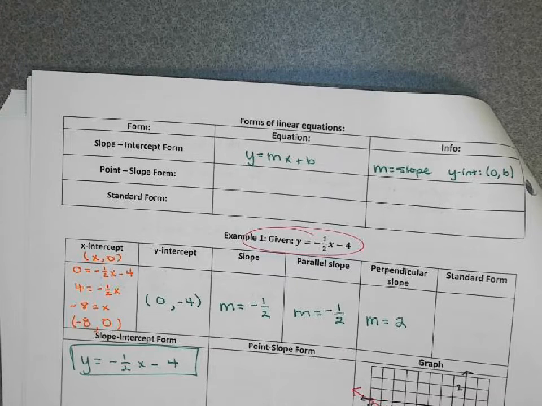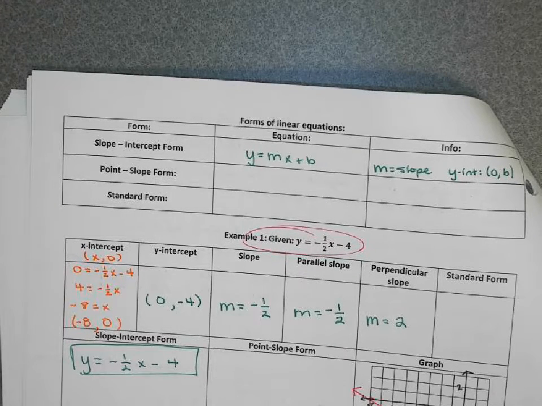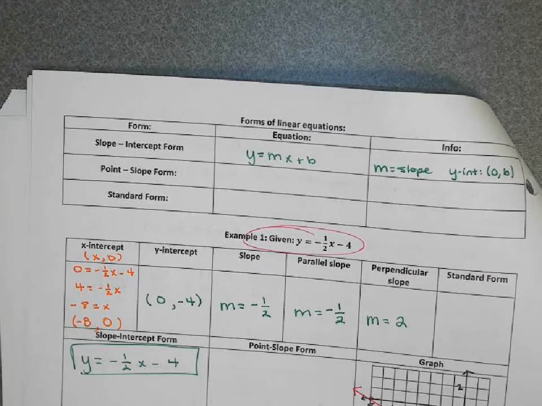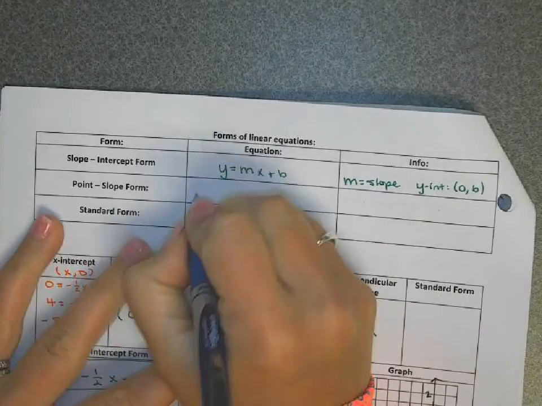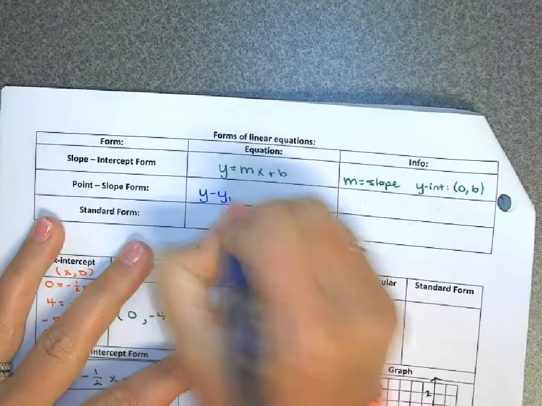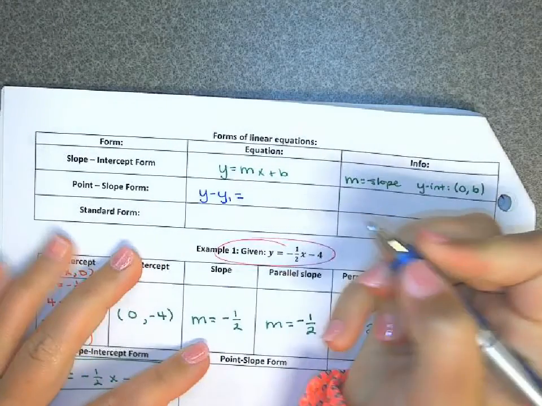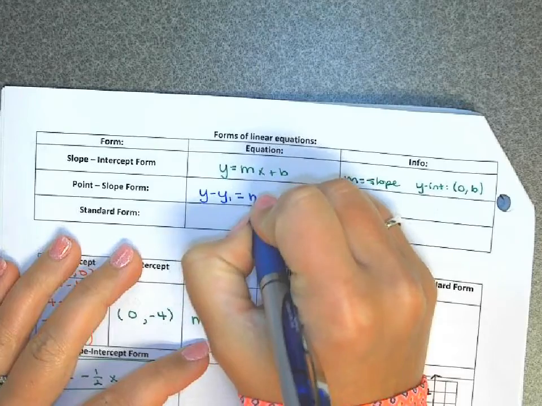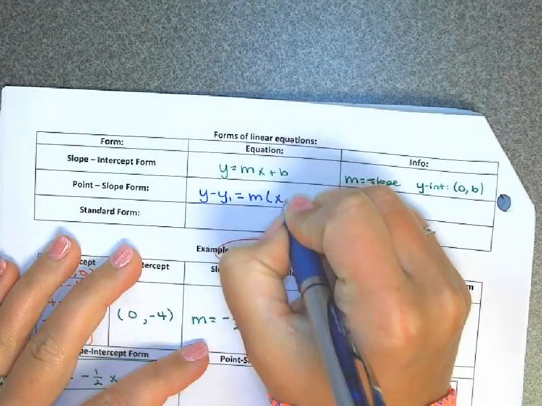We're going to add in the next 2 forms right now. So the next one is point slope form. And point slope form is y minus y1 equals m times the quantity of x minus x1.